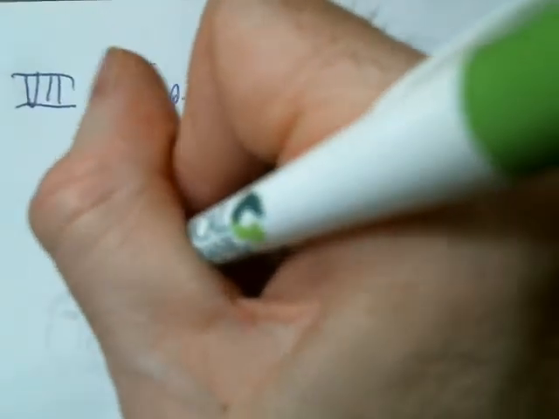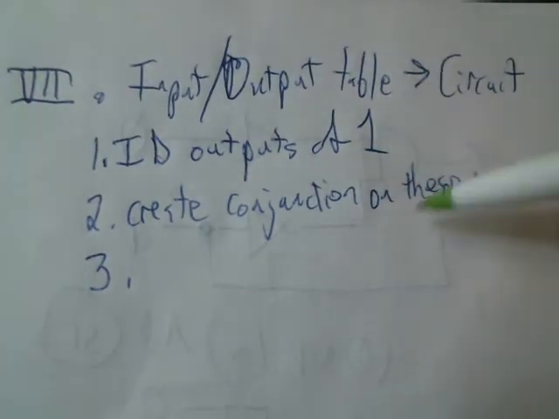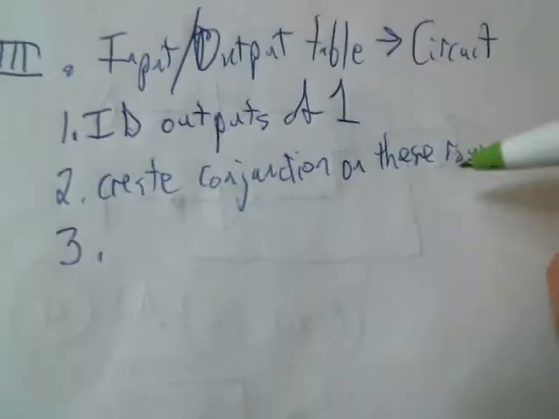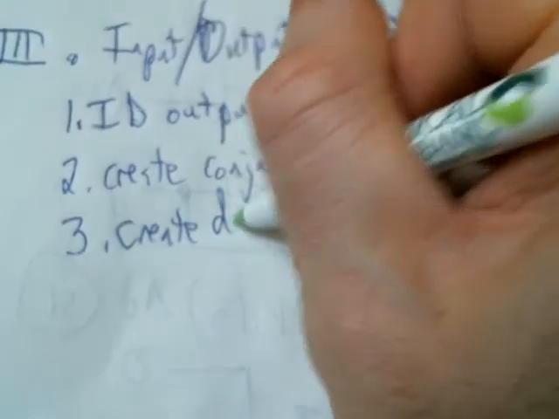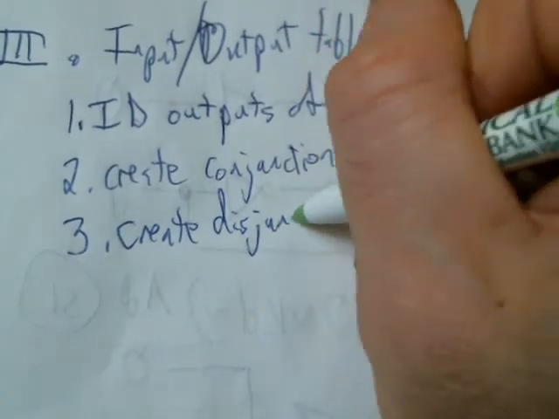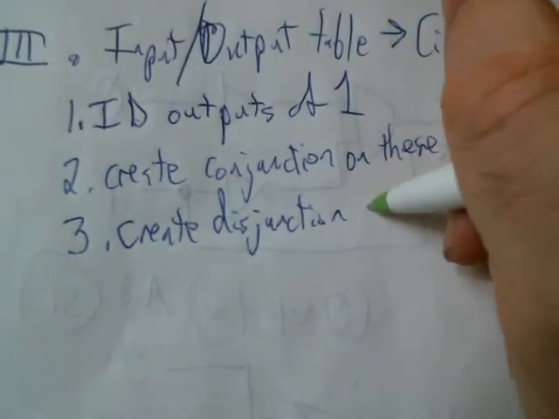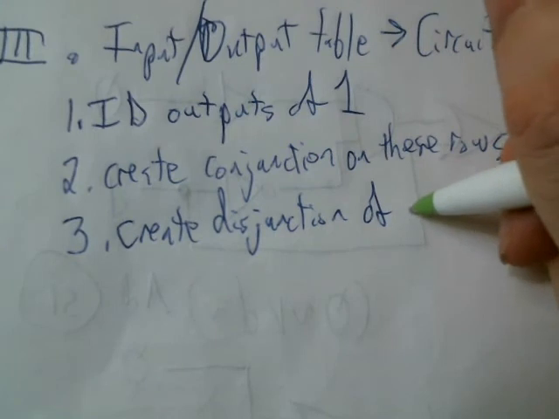And then thirdly, you'll create a disjunction of those particular rows with outputs of 1. It'll be more obvious once I show you an example.